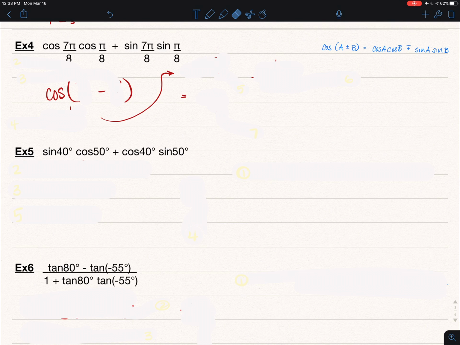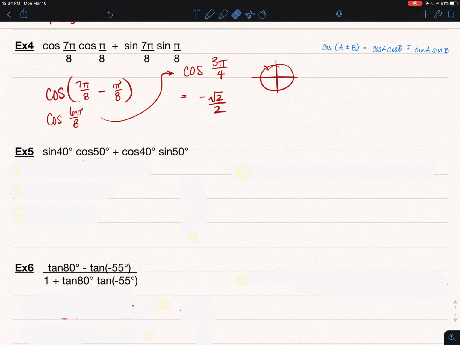If I write it like the left side, that means we're going to have the cosine of the quantity 7 pi over 8 minus pi over 8. Those are already common denominators, so if we subtract those, we get the cosine of 6 pi over 8, which reduces to 3 pi over 4. If I want to find the cosine of 3 pi over 4, I need the unit circle for that. And so there's my position. The cosine at that spot is going to be negative root 2 over 2.